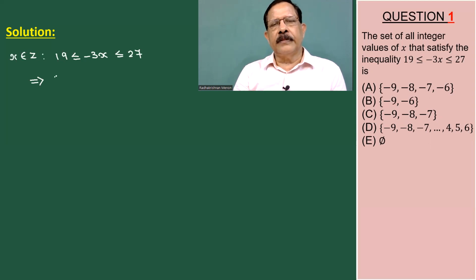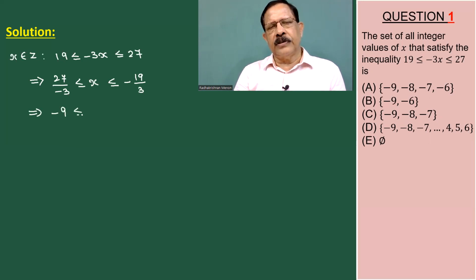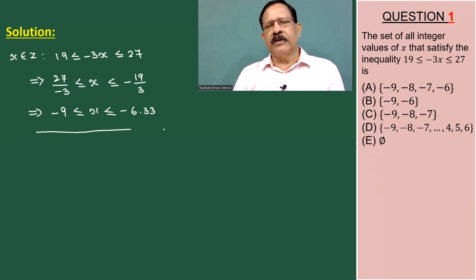So we are getting 27 divided by -3 ≤ x ≤ -19 divided by 3, which implies 27/-3 is -9 ≤ x ≤ -19/3, which is -6.33. So integers in between that. So when you draw the number line, actually directly you will be able to do it.